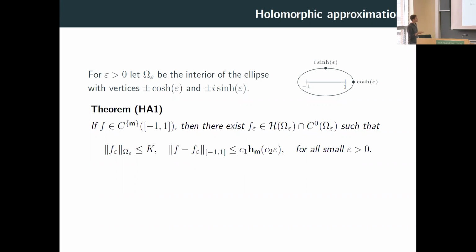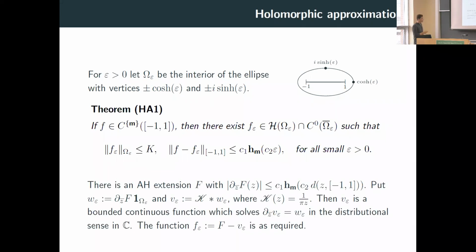Okay, so let me sketch why this should be true. By the almost holomorphic extension theorem, I know that my function in the class C_M allows an almost holomorphic extension, capital F, which satisfies this condition. Okay.